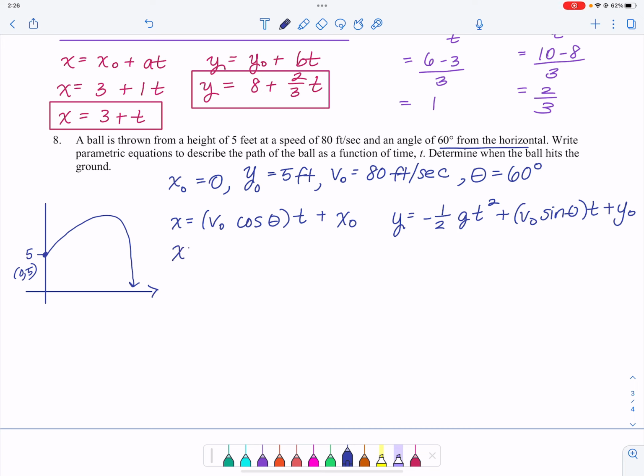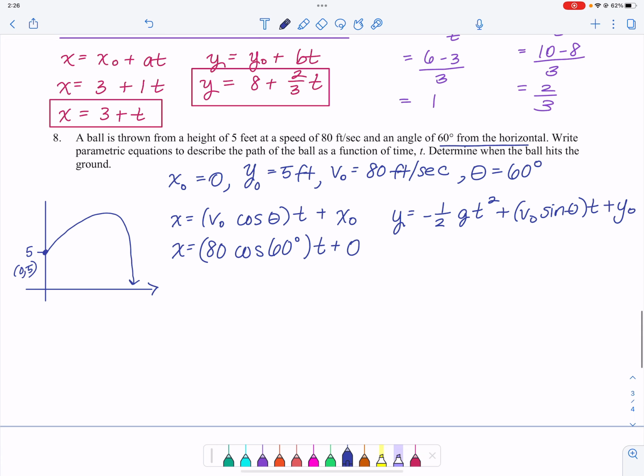And we have x is equal to 80 times the cosine of 60 degrees times t plus 0. And we actually have x equal to 80 times 1/2 all times t. So x is equal to 40t.